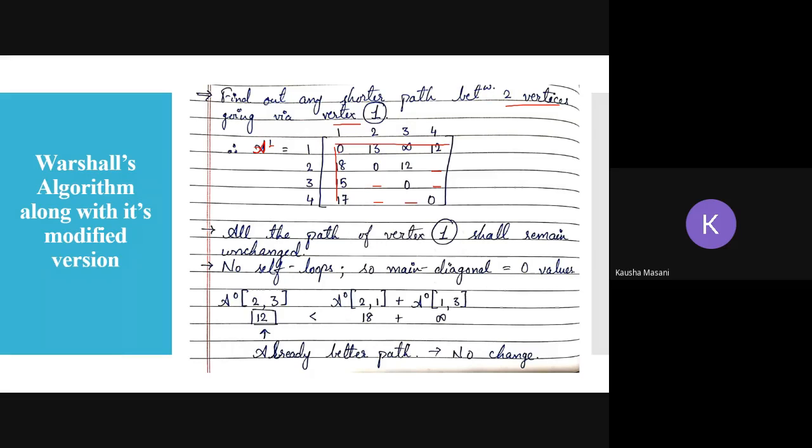You found out, I mean, like you wrote down these rows and column values of one same as it is. Next, you're going to check, are there any self loop? No. So the main diagonal you're going to fill out as 0, 0, 0. Okay. Now you are going to check. This position will be blank. Okay. We don't know what is 2 of 3 distance as of now currently. Just let me write A of 0 here so that it will be easier for you to understand. Okay. 0, 13, infinity, 12.